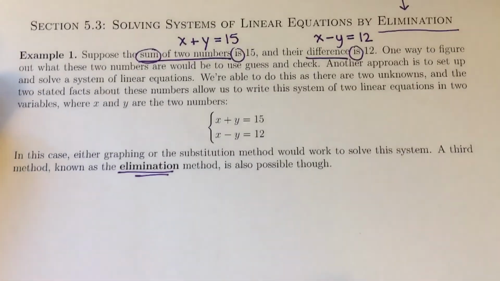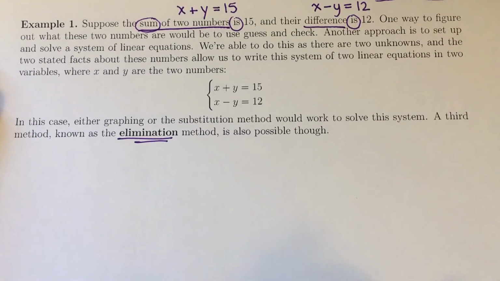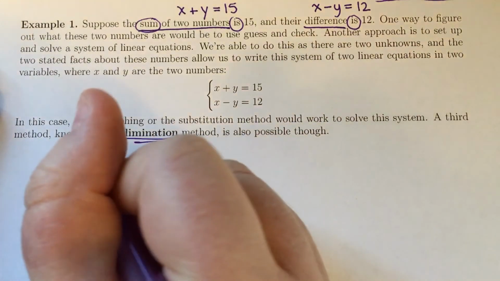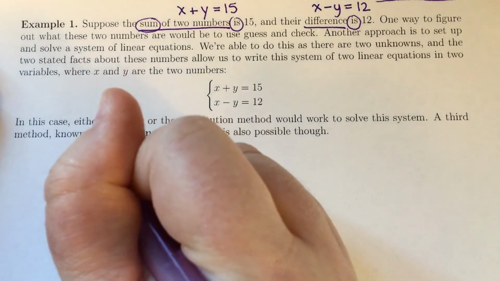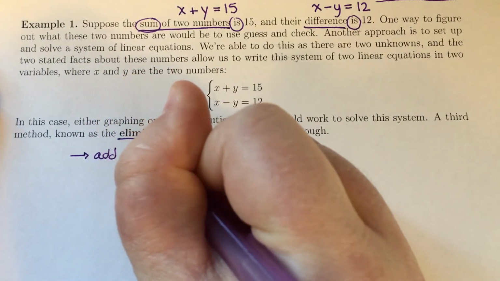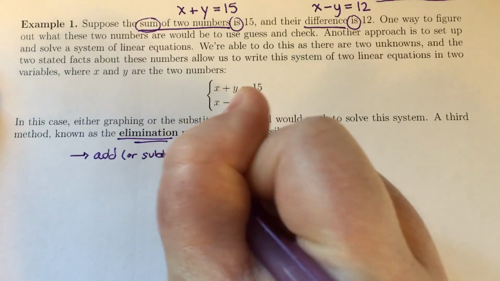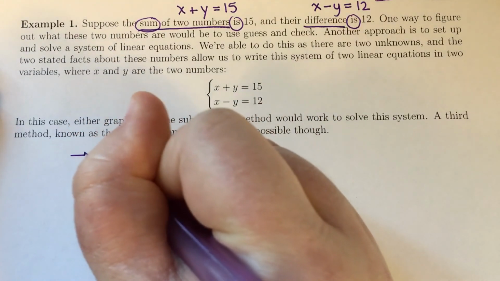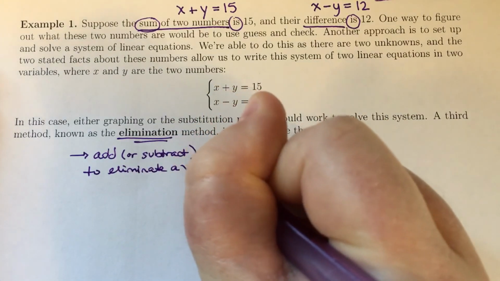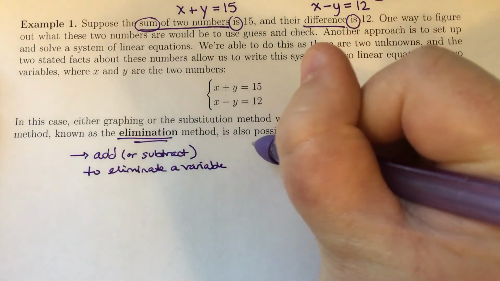So let's rewrite this system because we're going to try to get rid of one of the variables. Substitution does that in a way, but in elimination, what we do is we add or subtract. Usually we're going to focus on adding to eliminate a variable. All right, so let's try that.